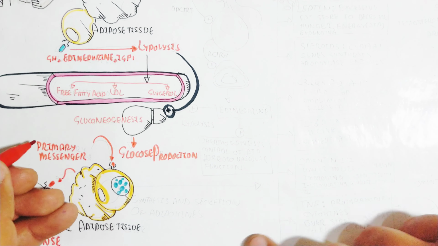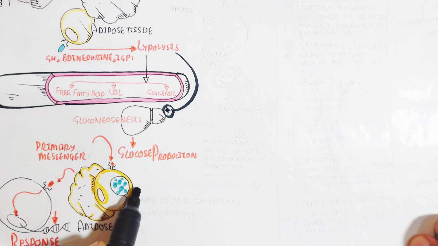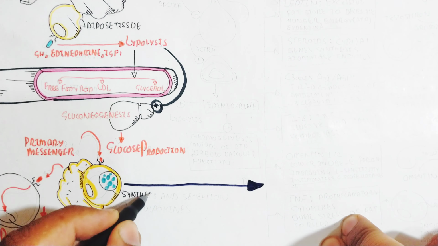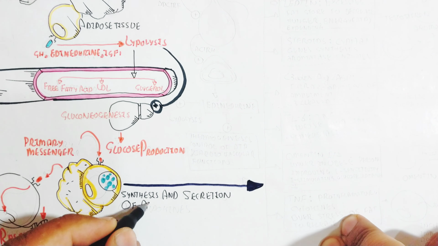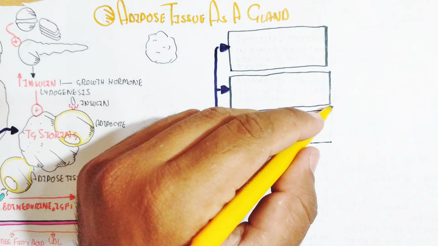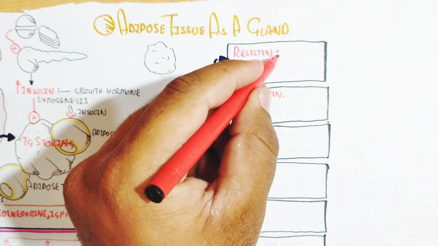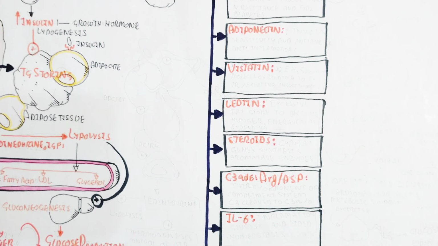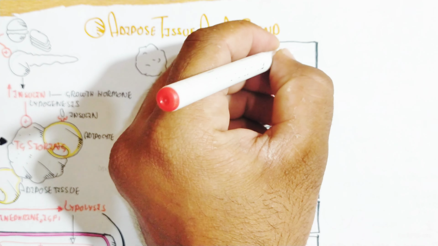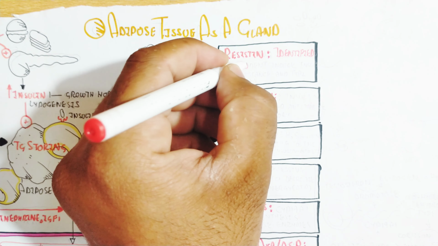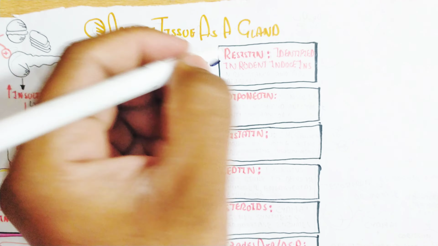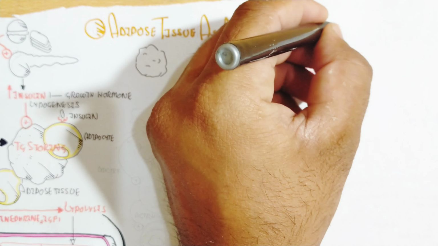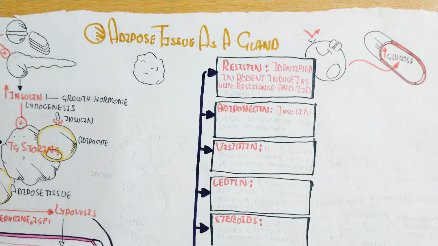In this way, the adipose tissue synthesizes and secretes adipokines. An adipokine looks like a cytokine, but it is released from the adipose tissue, and that is known as an adipokine. So there are resistin, adiponectin, visfatin, leptin, steroids, and the complement system, interleukin 6, omentin 1 and 2, and tumor necrosis factor released from the adipose tissue.